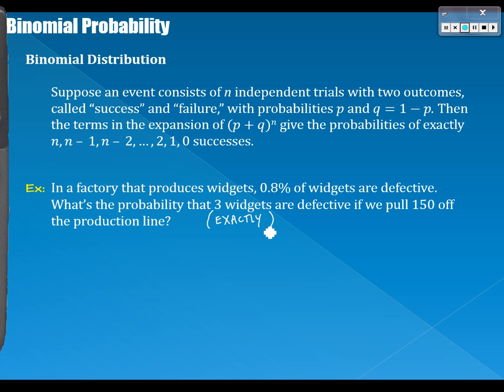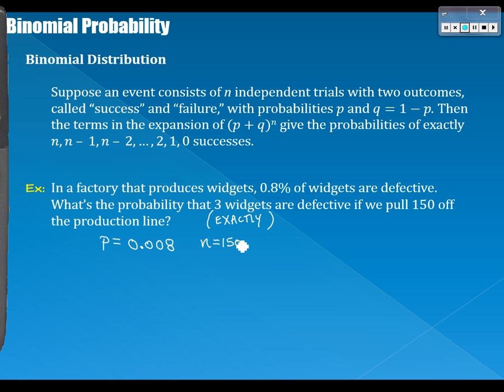All right, can we identify all the pieces of this puzzle here? We have the probability of success, a little weird to say that, but the probability of having a defective widget when you pull 1 widget off the line is our p-value, which would be what here? 0.008, yeah, everyone catch that? We have n equals 150 widgets, okay?